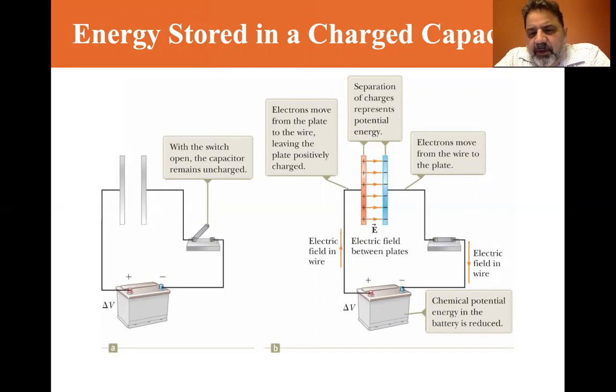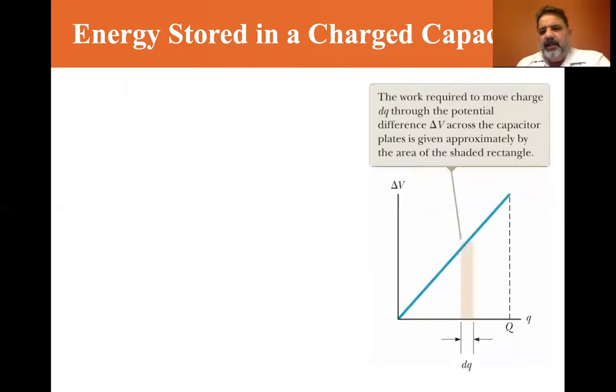So you end up with a charge on the capacitor. And so we're going to look at that. The work required to move charge dq through the potential difference delta V across the capacitor plates is given approximately by the area of the shaded triangle, the area under the curve.